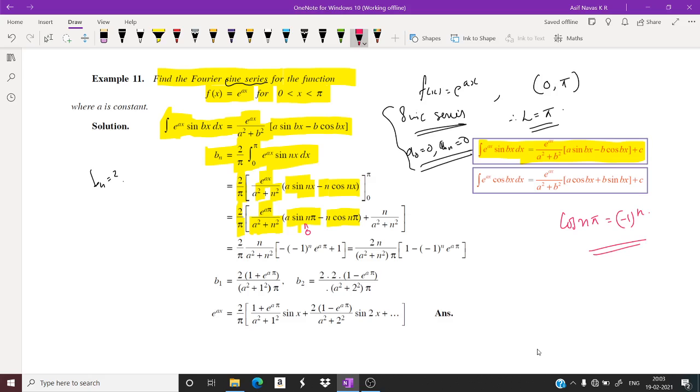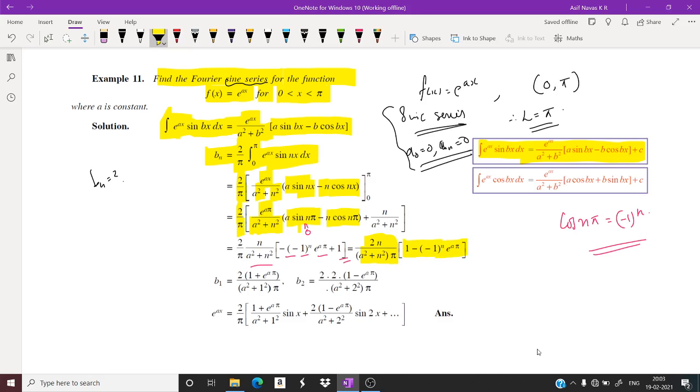So we will get 2 by pi, you can take n outside, n by a square plus n square, into minus 1 raised to n e raised to a pi plus 1. So we will get 2n by a square plus n square into pi, times 1 minus minus 1 power n e raised to a pi.